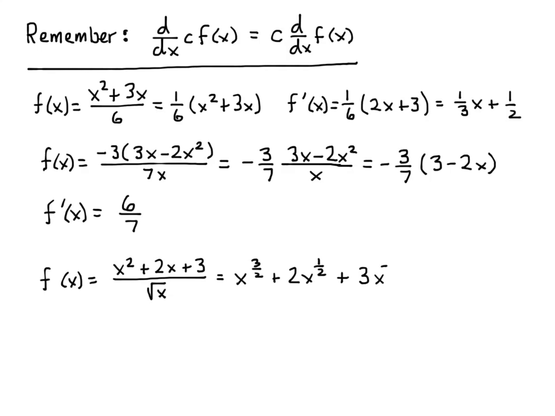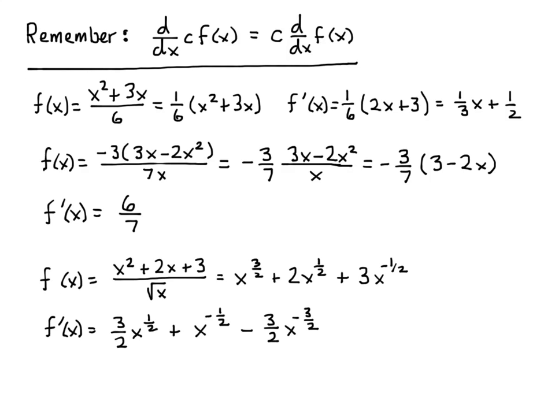So here is a version of this I think I've shown you a few times now. If you simply have a function to a power, in this case the square root of x, which is x to the 1/2, so it's x squared times x to the minus 1/2, we get x to the 3/2.